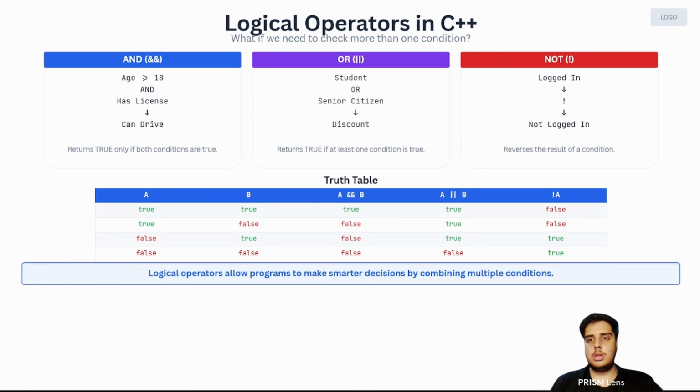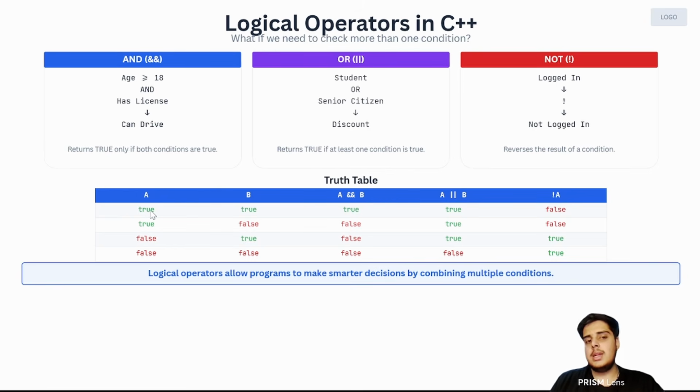Note: simply, if a person is logged in, then the output will be not logged in. It just reverses the result of a condition. Here you can see the truth table. True, true, true; true, false, false; false, true, false; false, false, false. So when both conditions are true, then only A and B is true.